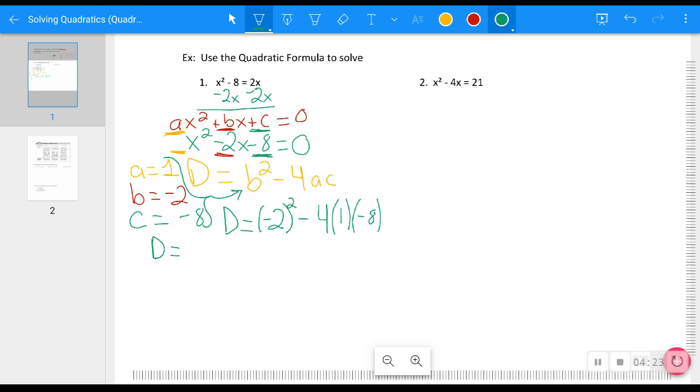Negative 2 squared is negative 2 times negative 2, which is a positive 4. Then minus 4 times 1 is 4, times negative 8 is negative 32, and minus a negative becomes positive 32. So 4 plus 32 gives us a discriminant of 36.